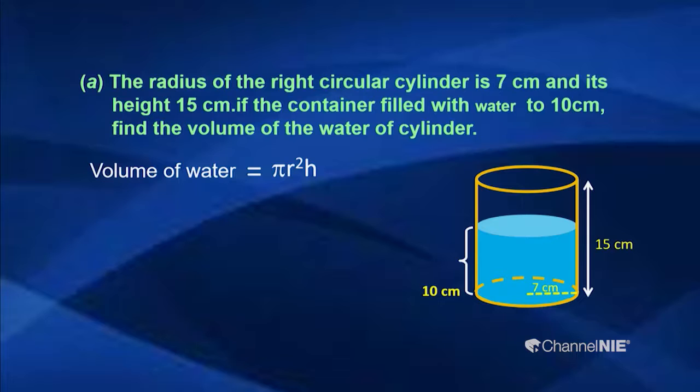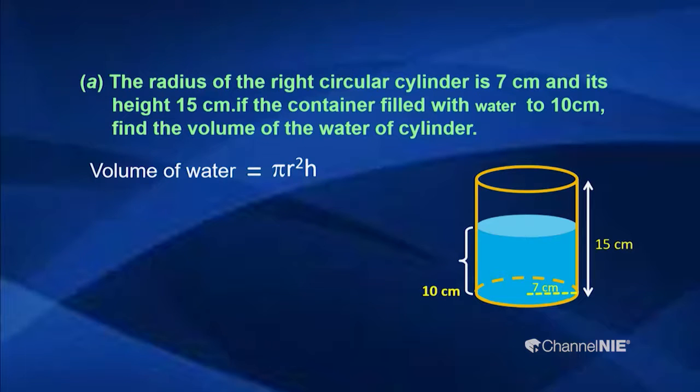What is h here? H means the height, but considering this figure, 15 is the height of the cylinder and 10 is the height of the water level.